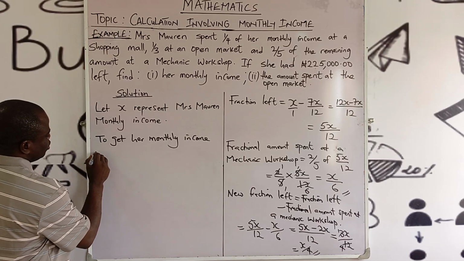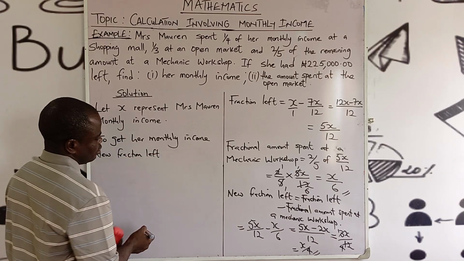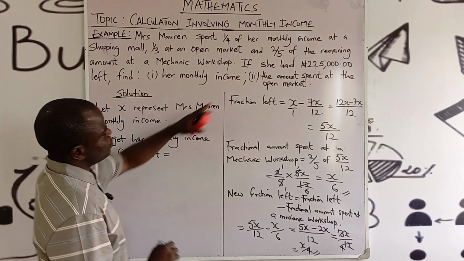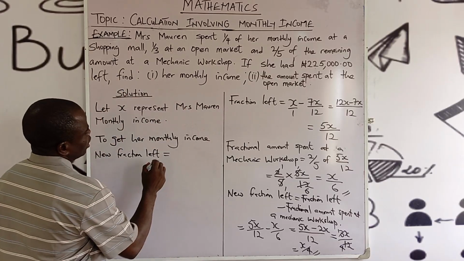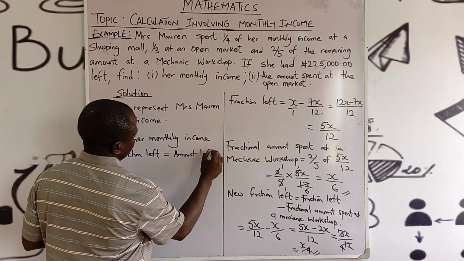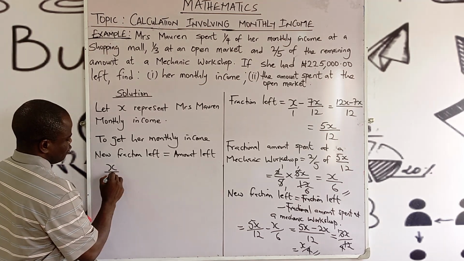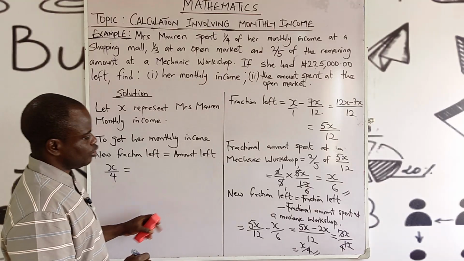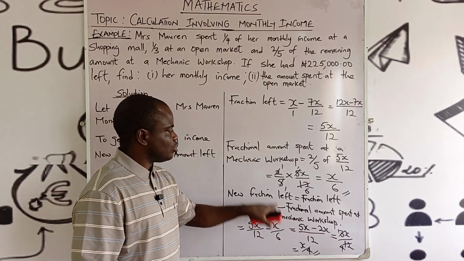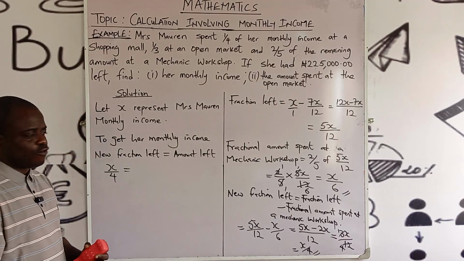The new fraction left equals the amount left, and the new fraction left is X over 4, as we got from the fraction left minus the fractional amount spent at the mechanic workshop.